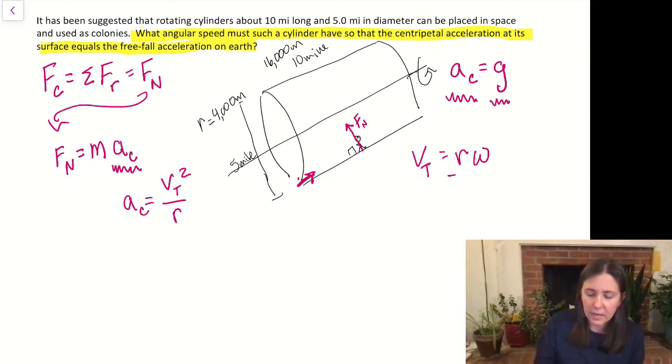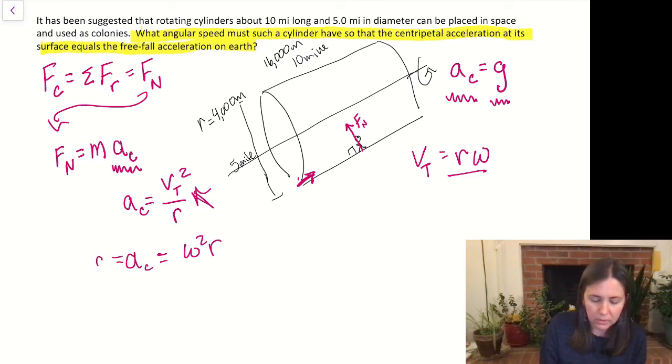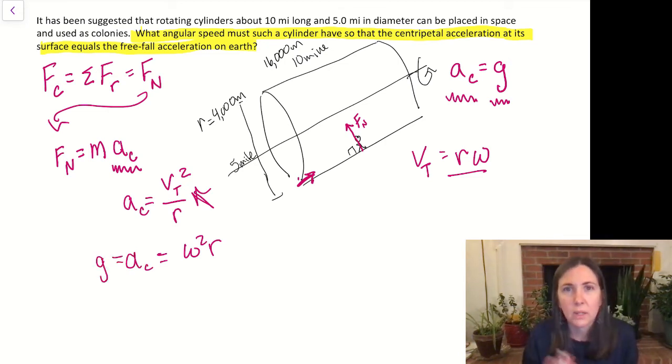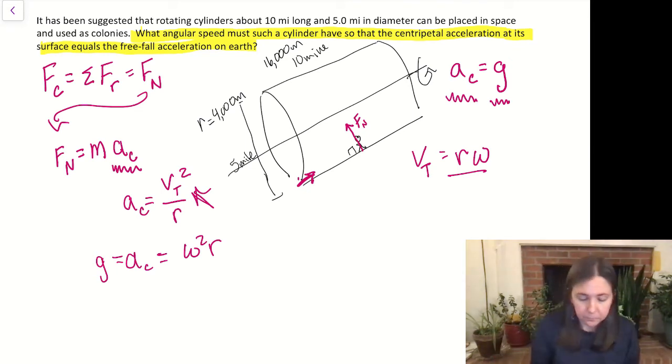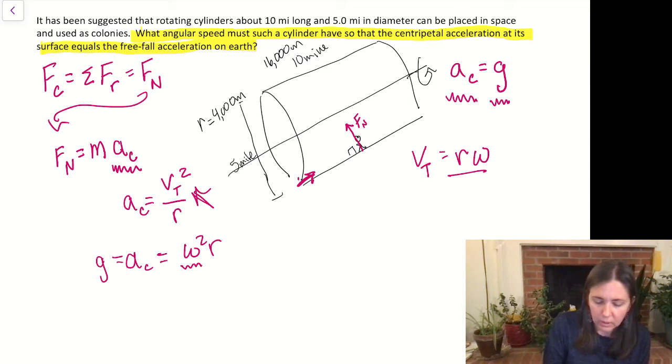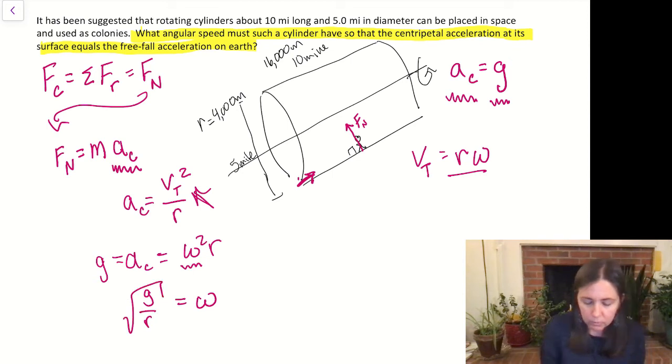If I plug that into this equation, I get omega squared times r is my centripetal acceleration, or my gravitational field strength, g. That's what we said it was going to be, right? We want that inward force that this person feels to be the gravitational field strength. Now we just need to solve for the angular velocity, which in this case will just be the square root of g over r.